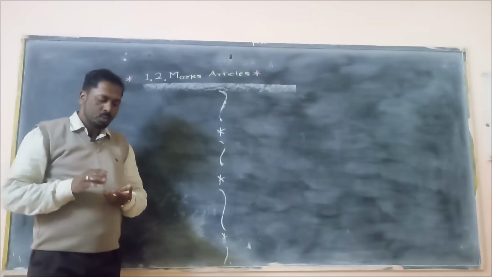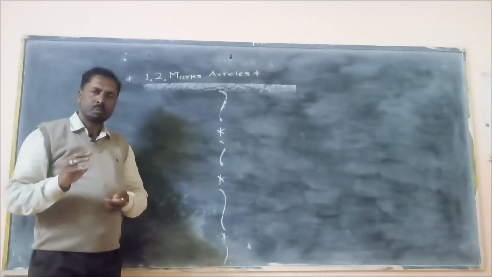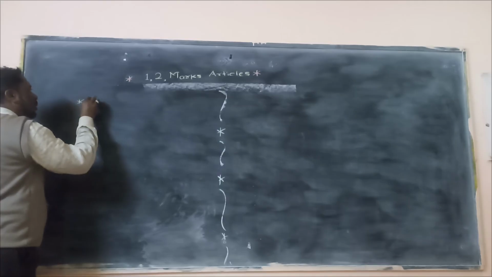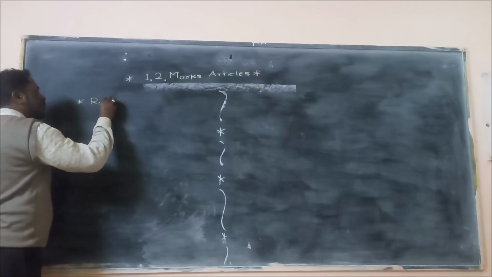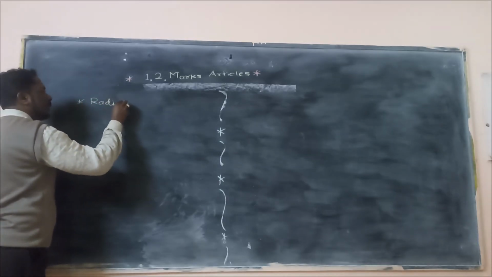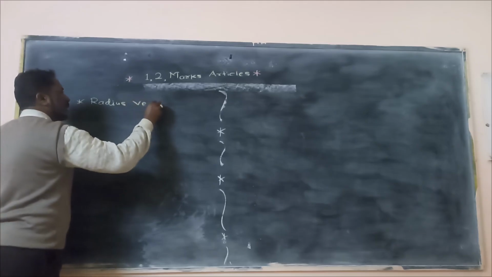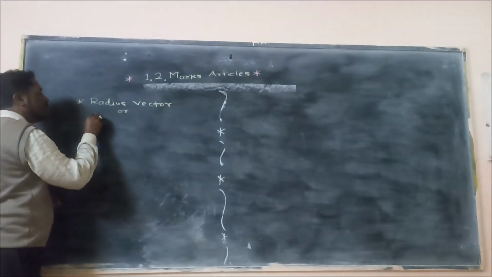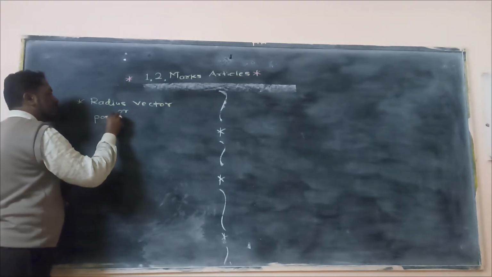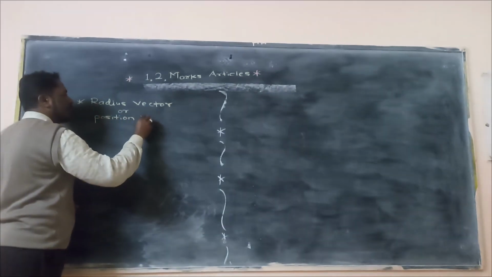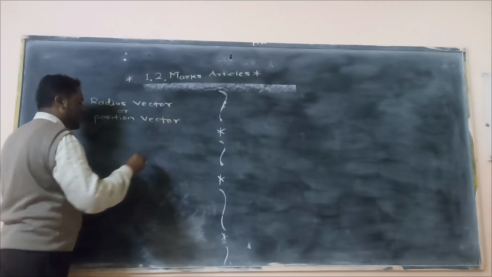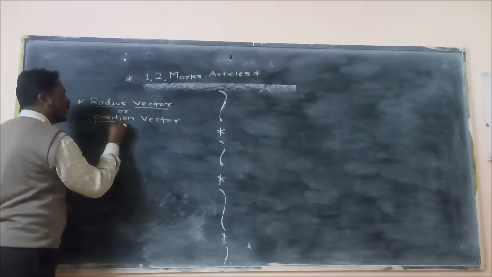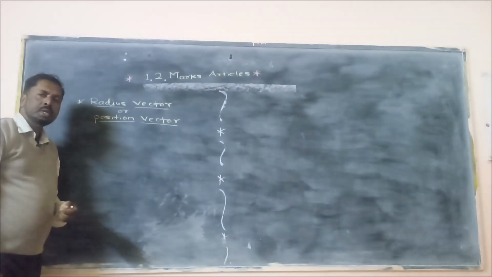After these 2 definitions of circular motion and uniform circular motion, let us consider another important point: what do we understand by the term radius vector? Sometimes it is also called position vector.